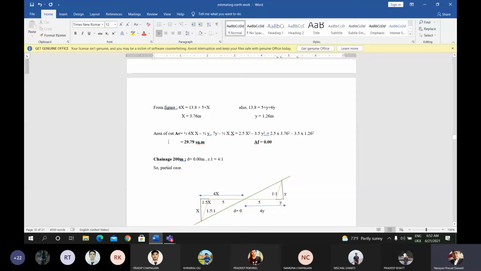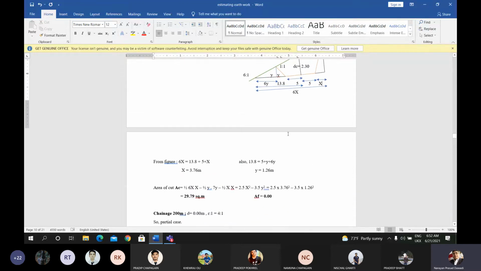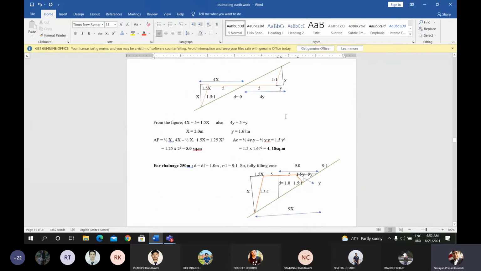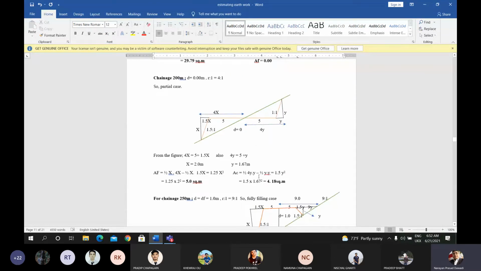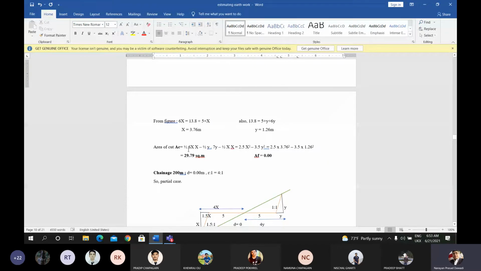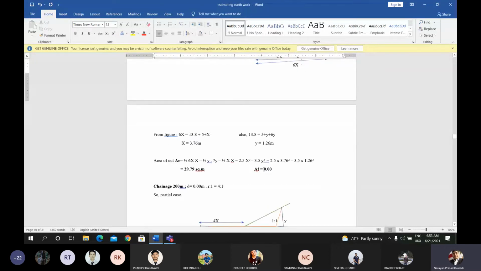The area of cutting is half 6x into x for the bigger triangle, minus half x into x for the smaller triangle, minus half y into 7y, where 6y plus y gives 7y. This gives the area of cutting as 29.79 square meter. Now it is fully cutting, so the area of filling will be 0.